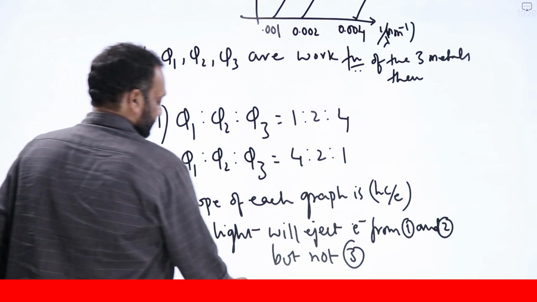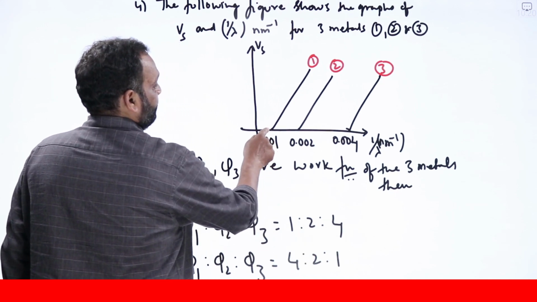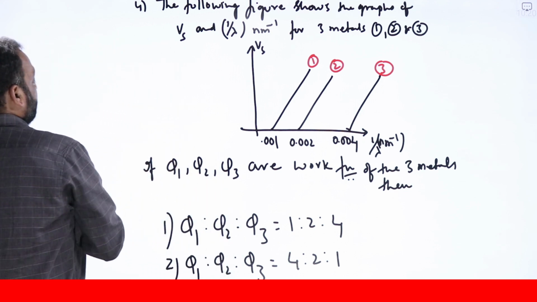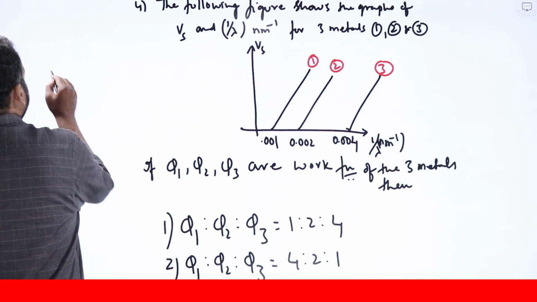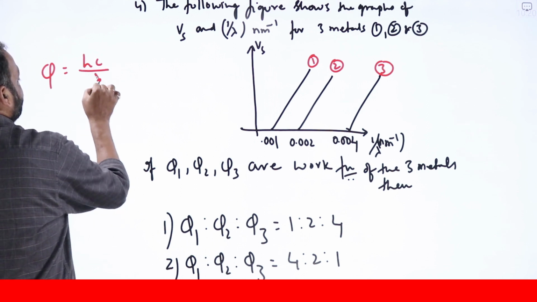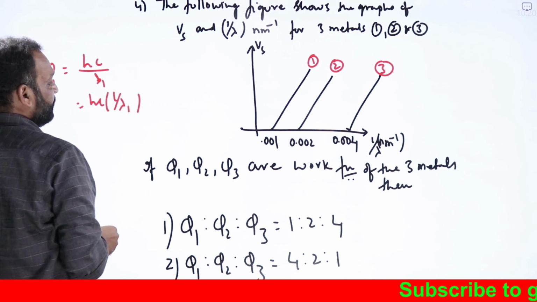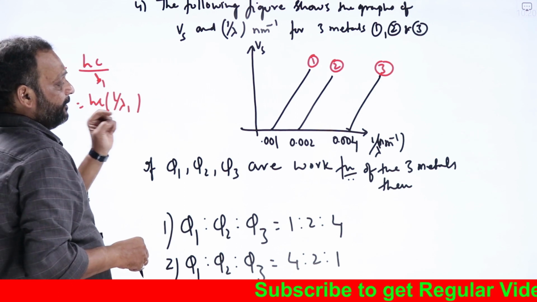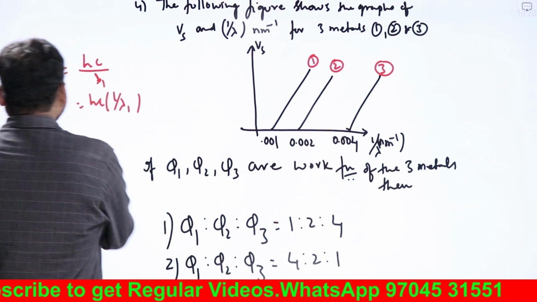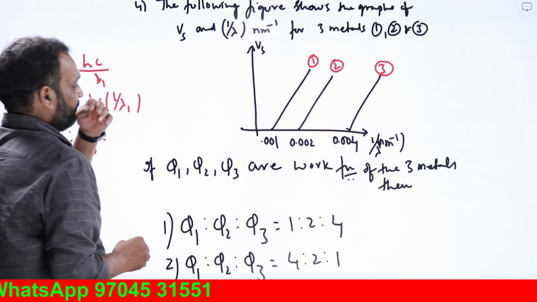Now look at this graph. This is the threshold wavelength for which we are taking the inverse here. The work function ratio is asked. In general, the work function is phi equal to hc by lambda. So phi1 equals hc by lambda 1, that is hc into 1 by lambda 1. 1 by lambda 1 is given as 0.001, 1 by lambda 2 is given as 0.002, and 1 by lambda 3 is given as 0.004. hc is common for all, it's a constant.